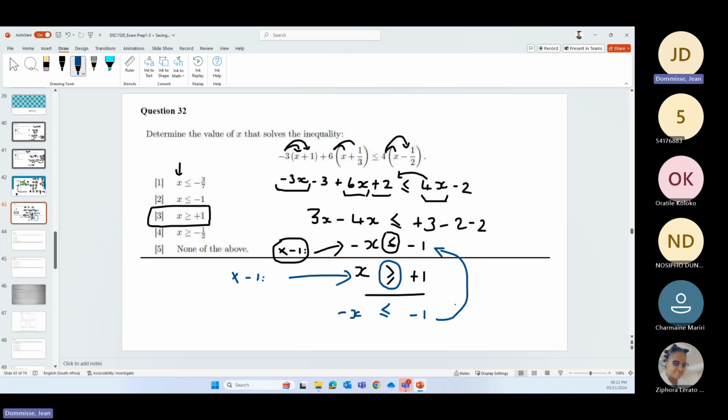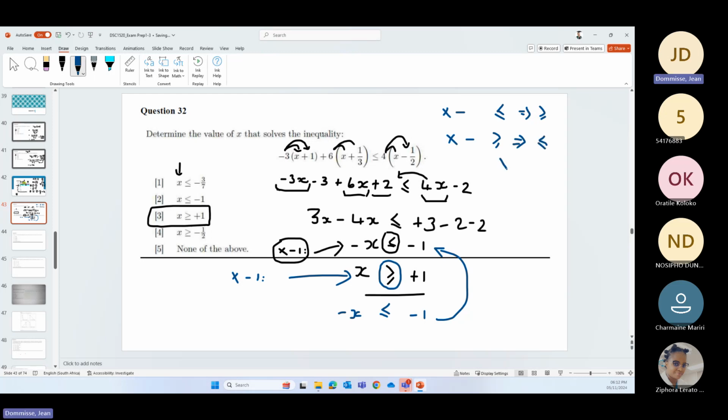With all the inequalities, if you have smaller or equal and you multiply it by a negative, that will become bigger or equal. If you have a bigger or equal and you multiply that by a negative, that will become smaller or equal.